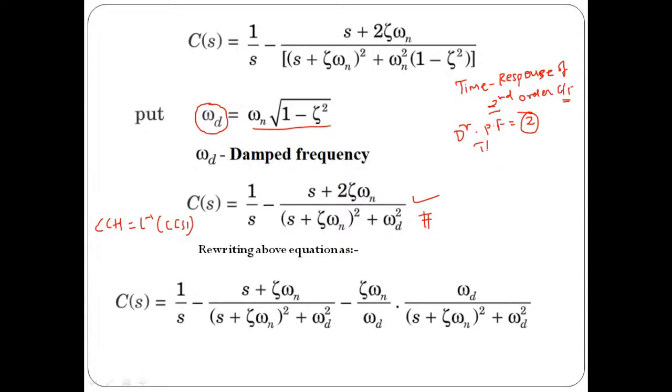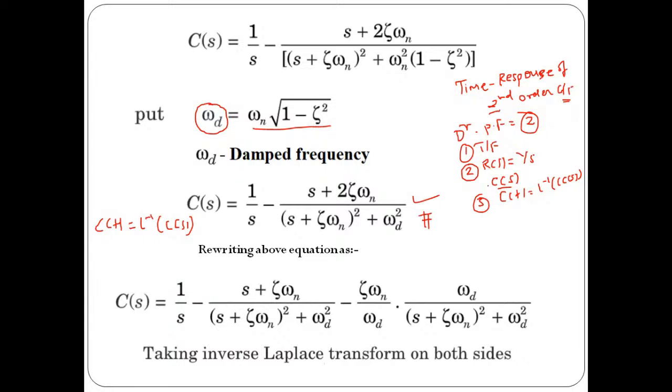First we determined the transfer function of the system, and then we decided what type of input to take as excitation. Here we have taken a unit step, so r of s is 1 by s, and then we calculated the expression for c of s. In step number 3 we need to calculate c of t, which is the Laplace inverse of c of s. But it is very difficult to find the Laplace inverse of c of s the way it is in equation number 2. That's why we are trying to find some standard form.